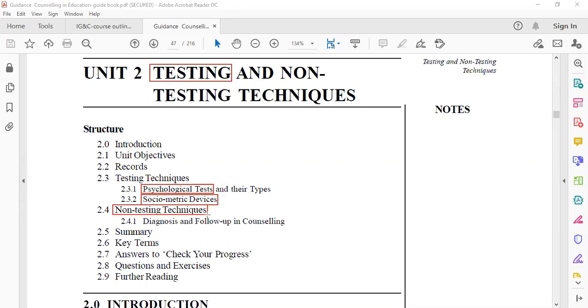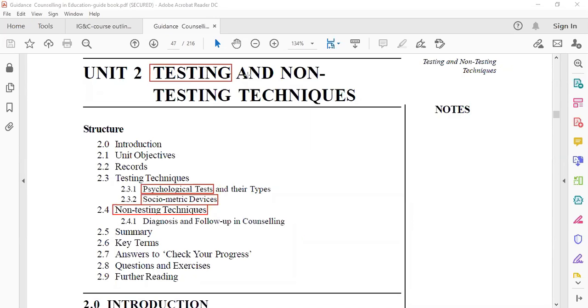Basically, non-testing techniques are the qualitative approaches that we use in guidance and counseling. There are multiple approaches that we use in qualitative testing, and it is called non-testing techniques.